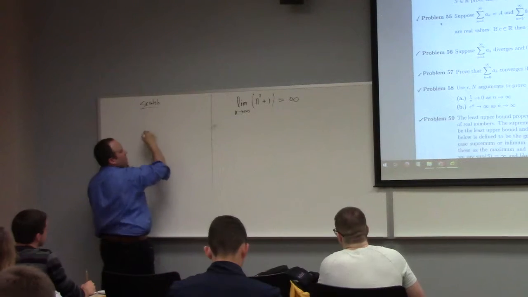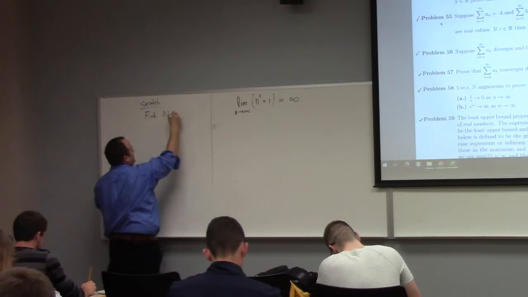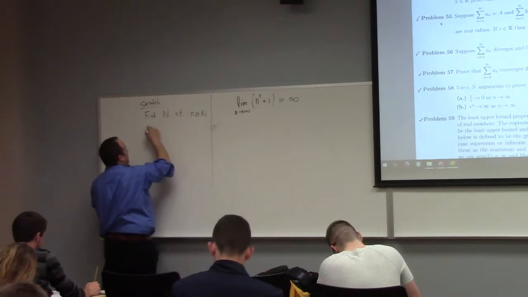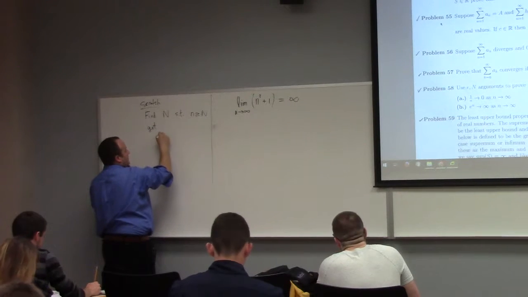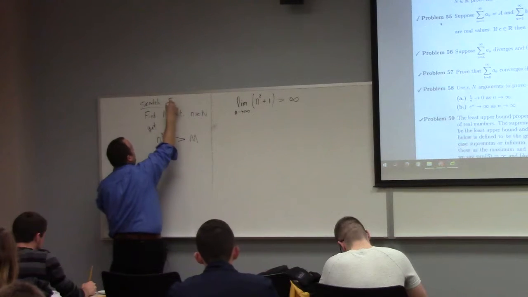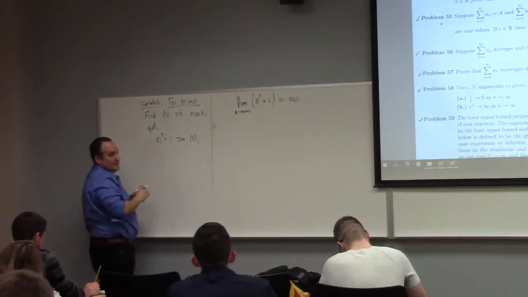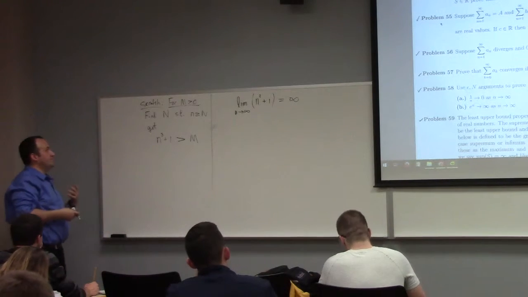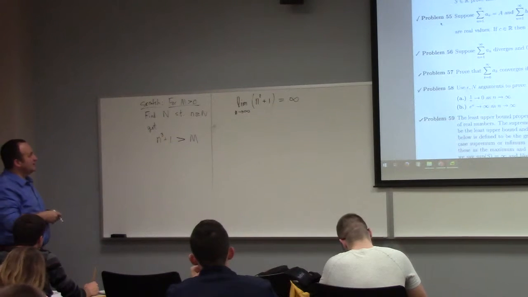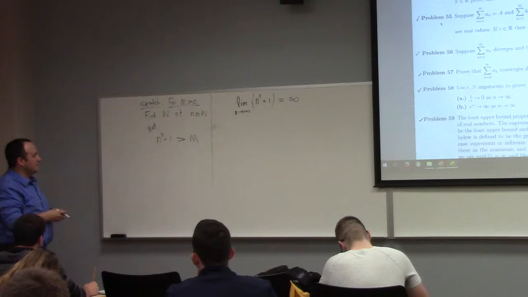So what you want to do is find a big N such that if n is bigger than the big N, we get that n cubed plus 1 is greater than M. So I have to think about an arbitrary positive big M, and I want to choose some big N such that whenever little n is bigger than the big N, I get this inequality.